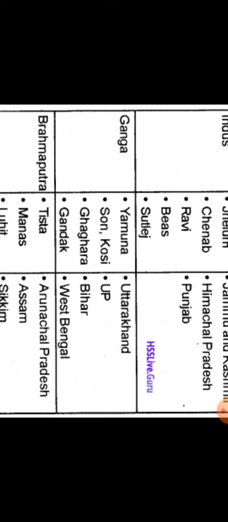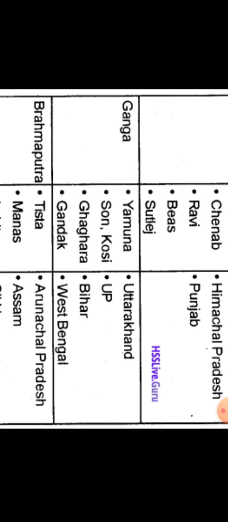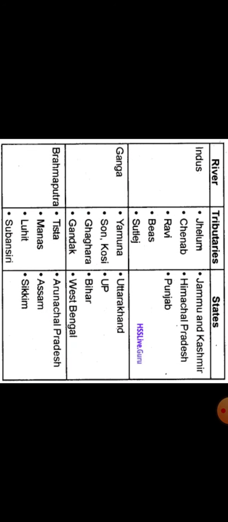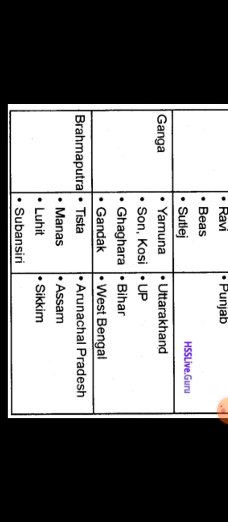Ganga's tributaries: Yamuna, Son, Kosi, Ghaghara and Gandak. It flows through the states of Uttarakhand, Uttar Pradesh, Bihar and West Bengal. Next, Brahmaputra. Tributaries: Teesta, Manas, Lohit and Subansiri. It flows through Arunachal Pradesh, Assam and Sikkim.